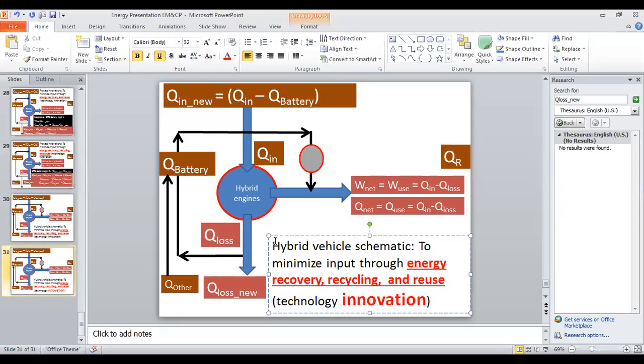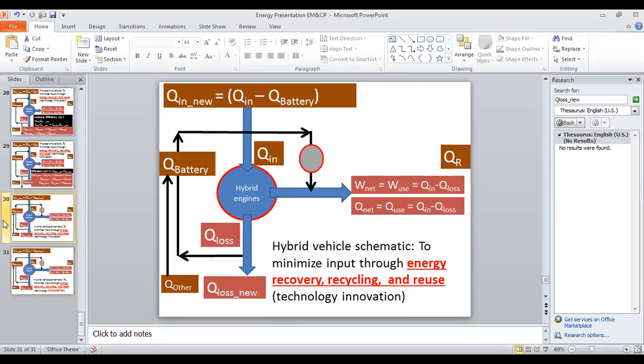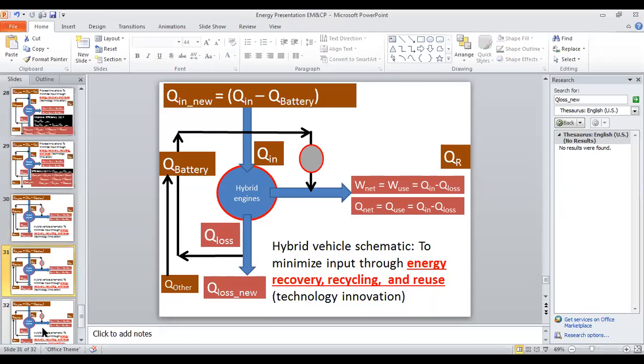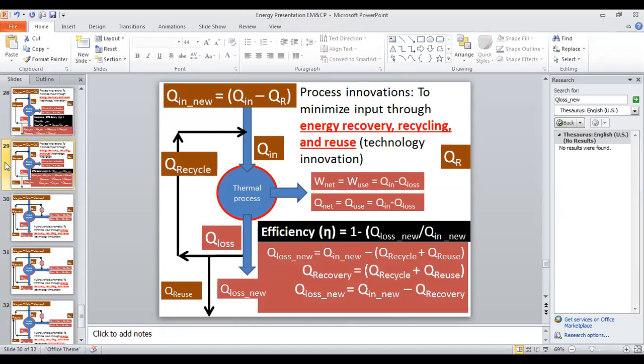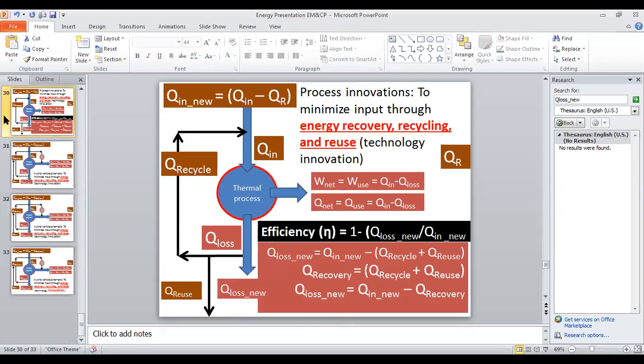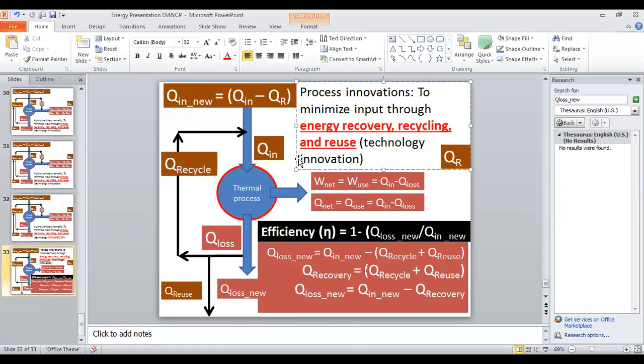Try to look into innovation. Bring the innovations to the energy sector, thermal sciences, thermal processes. So this innovation is extremely important.